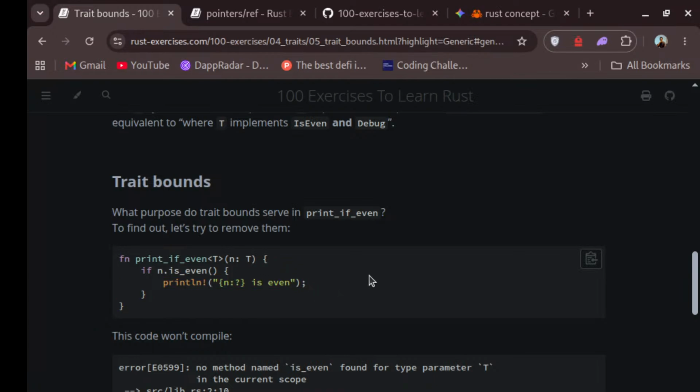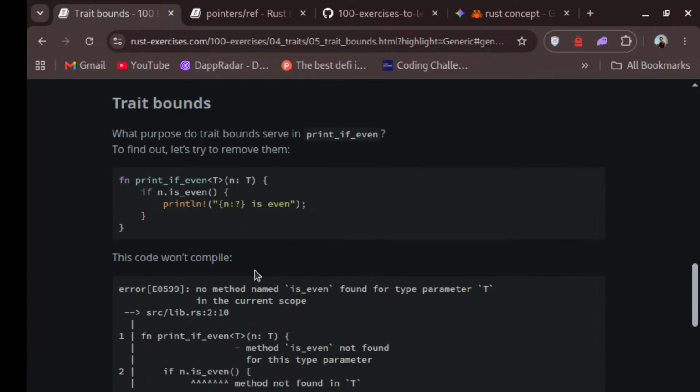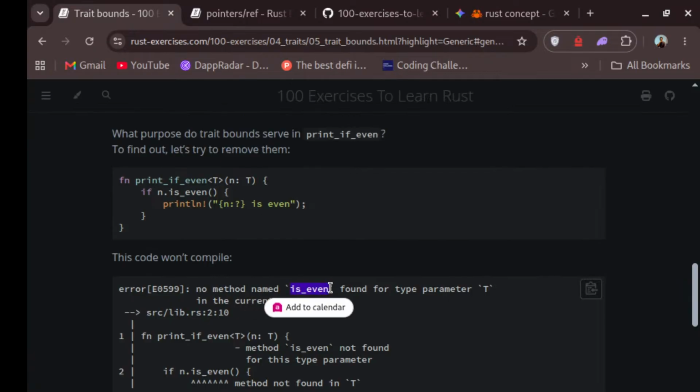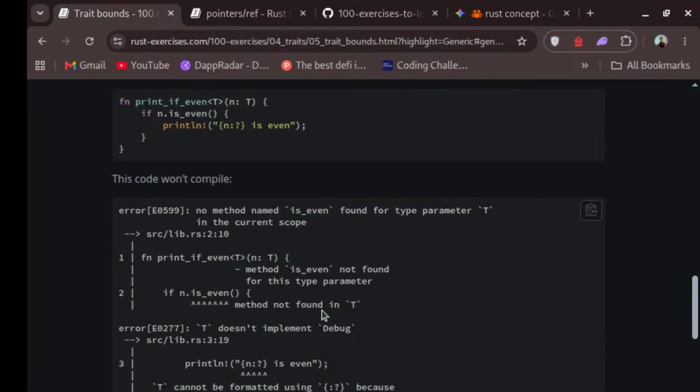So this code would not compile. Why? Because no method named is_even found for type parameter T in the current scope. So they are saying the method is_even is not found for this type parameter.